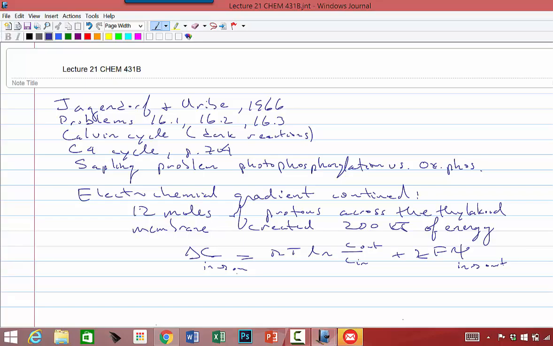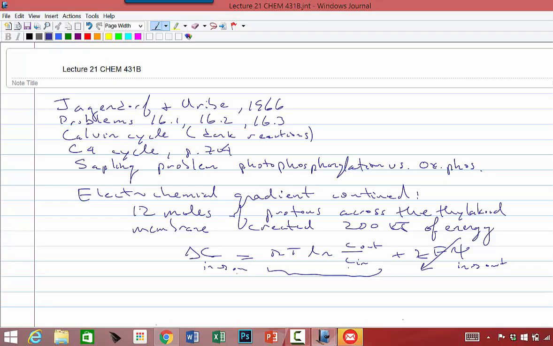We said last time that experimentally there is almost a negligible electrical component to this equation, and almost all of the energy is derived from the concentration gradient. There appears to be not a great net difference in negative versus positive ions across the membrane, but there is a great difference in the concentration of the protons.